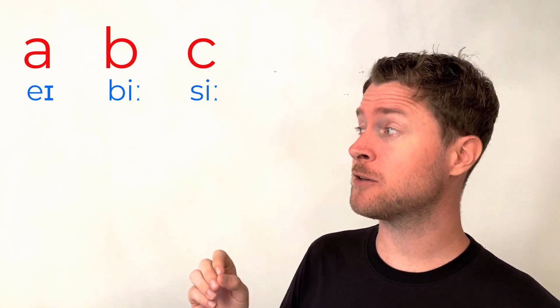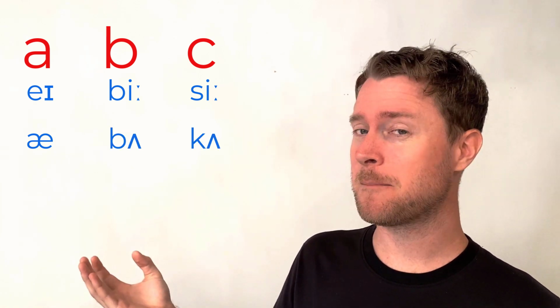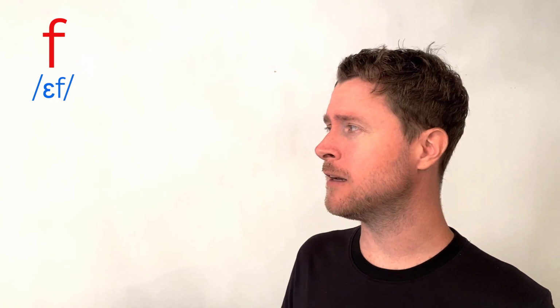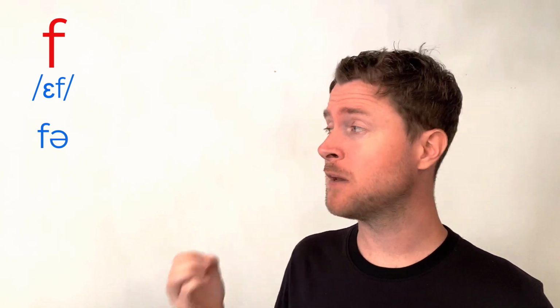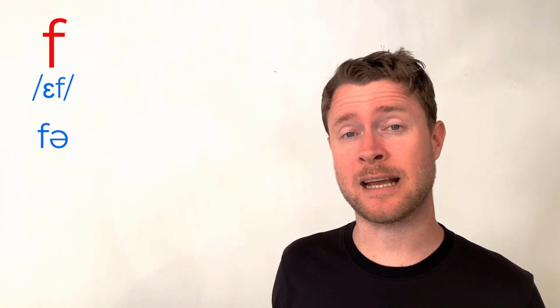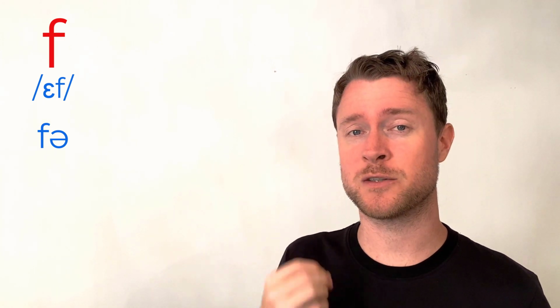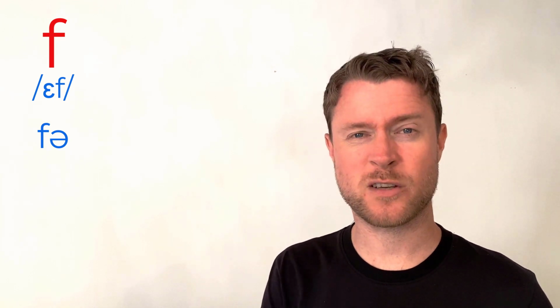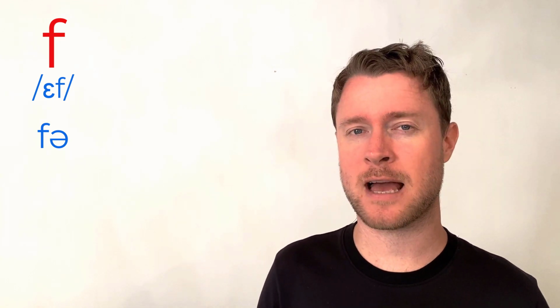For example, instead of A, B, C, we use A, B, and K. For the letter F in the normal alphabet, we often use F, because this sound is found at the beginning of a lot of English words. So it's a good way to practice that F sound.